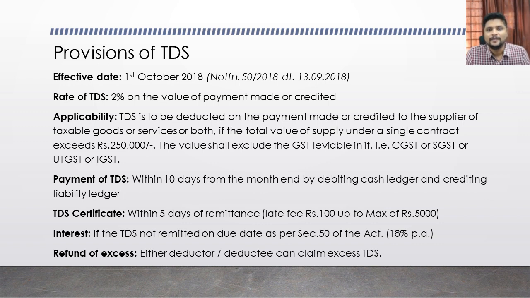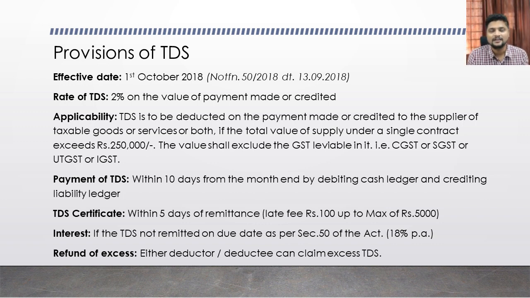Next one is, once you make all this payment, then from the date of payment within 5 days, a TDS certificate has to be provided to the supplier. The TDS certificate states the amount of TDS that is deducted from the value of supply. So with stating that, there should be a certificate provided.